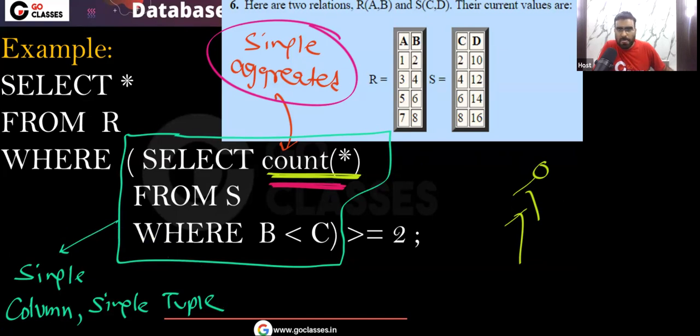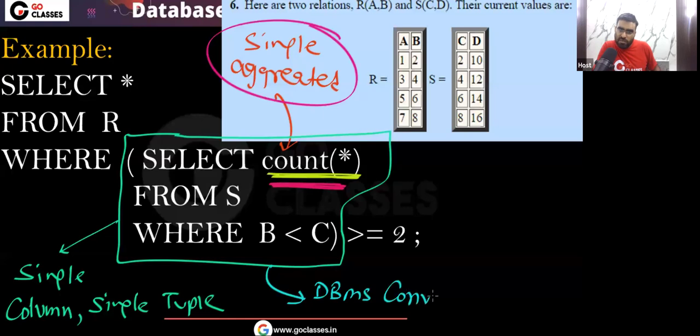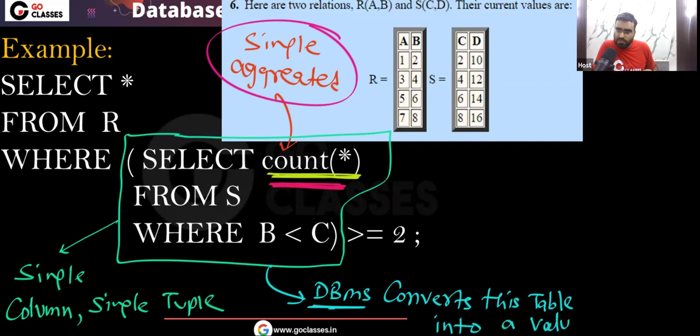So the DBMS will internally convert this table into a value, because there is a single column and a single row. There is an aggregate here. I hope this point is clear.